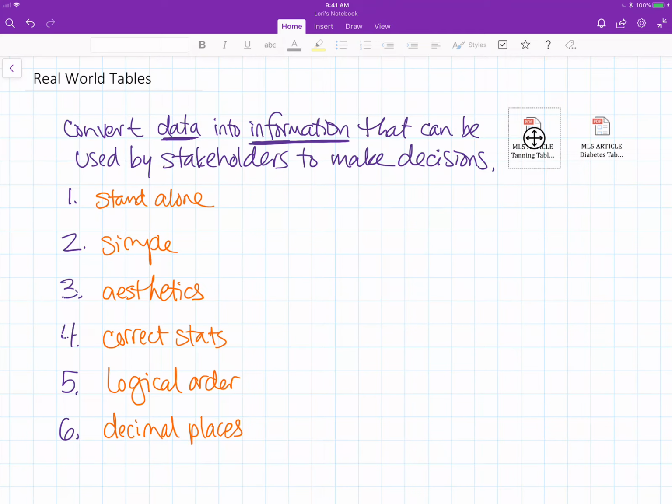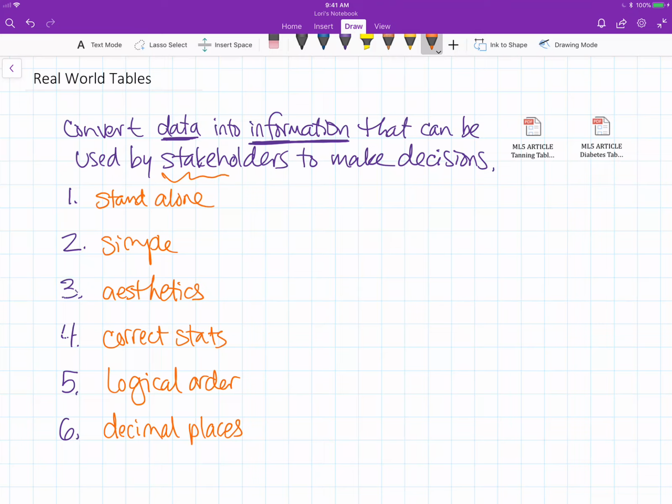But the general idea that I want you to keep in mind as we're talking about tables is that this is for the same purpose as when we were looking at graphs: to convert data, which are all those individual values, those data points, into more structured information that can be used by stakeholders to make decisions, because ultimately we're compiling a lot of data into a smaller amount of information to convey a picture.